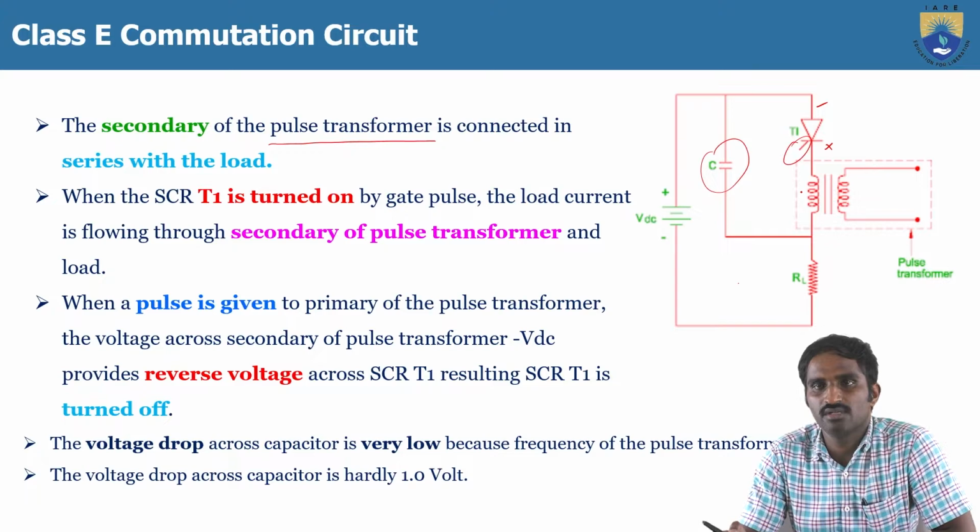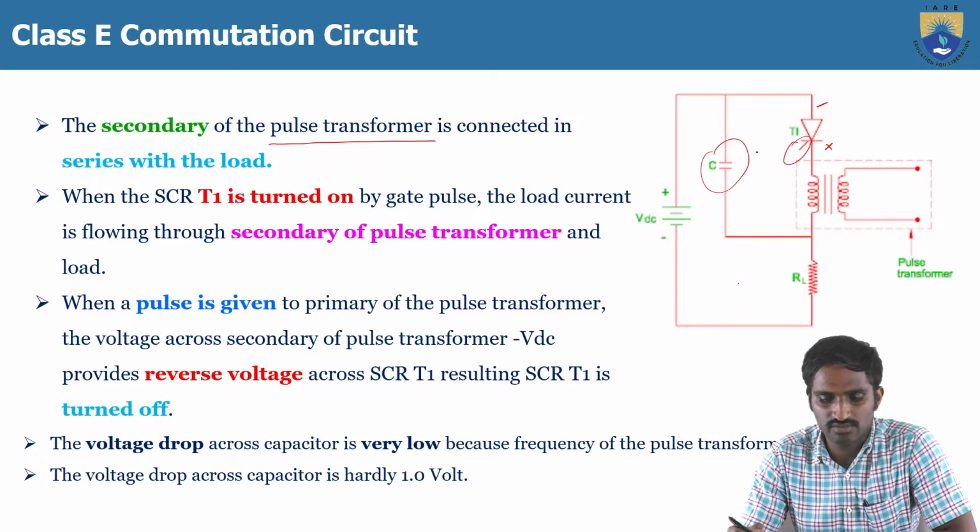Usually, we consider the frequency of the pulse transformer to be very high. So that's why the voltage drop across the capacitor is very low. So we neglect the voltage drop across the capacitor, which can be a maximum of 1 volt only.